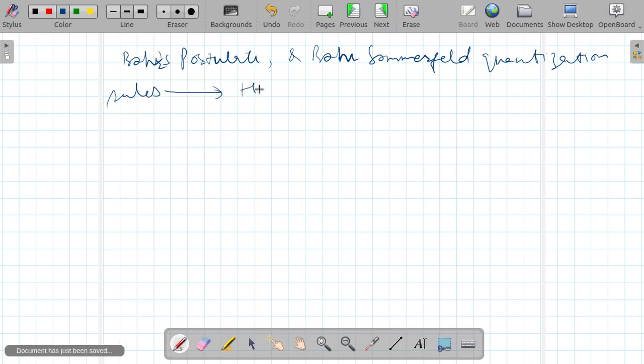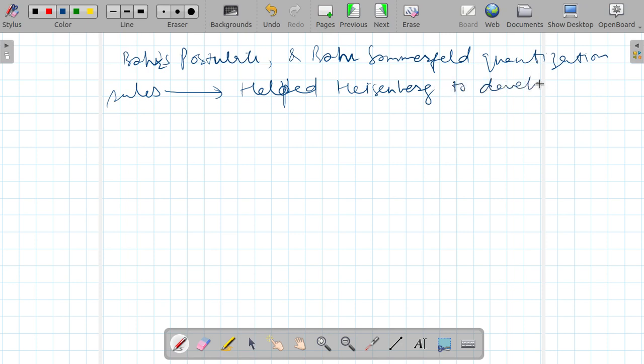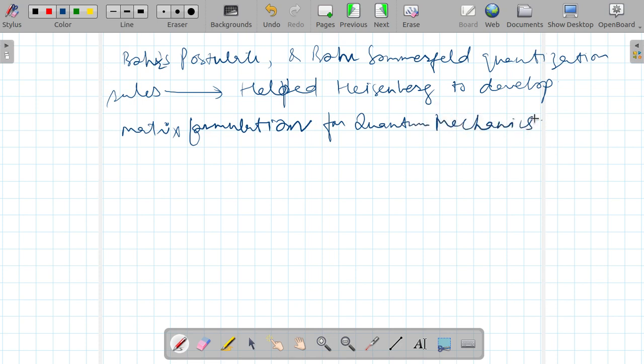They both helped Heisenberg to develop the matrix formulation for quantum mechanics. So for this, let us proceed in the following manner, at what Heisenberg did.